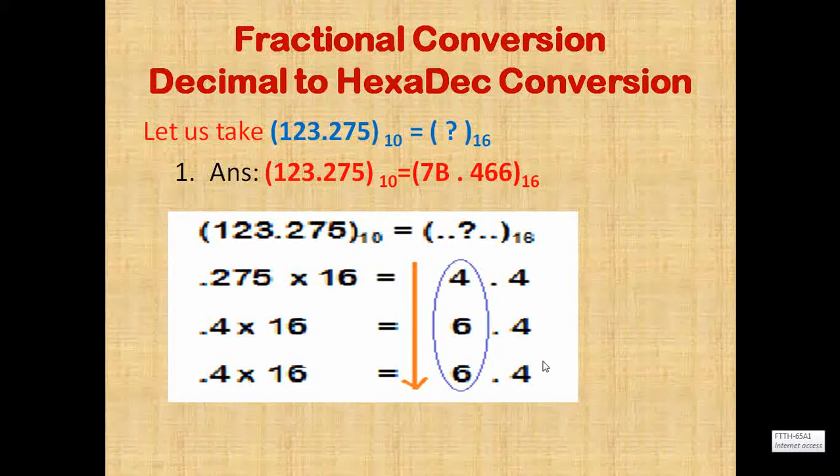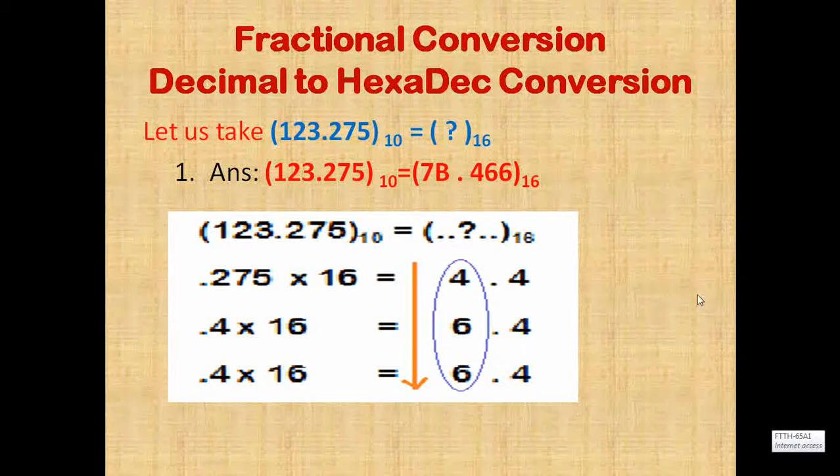But as we can see, we are getting the same digit in the fractional part again and again. So when this type of situation arises, we stop after 3 or 4 steps.